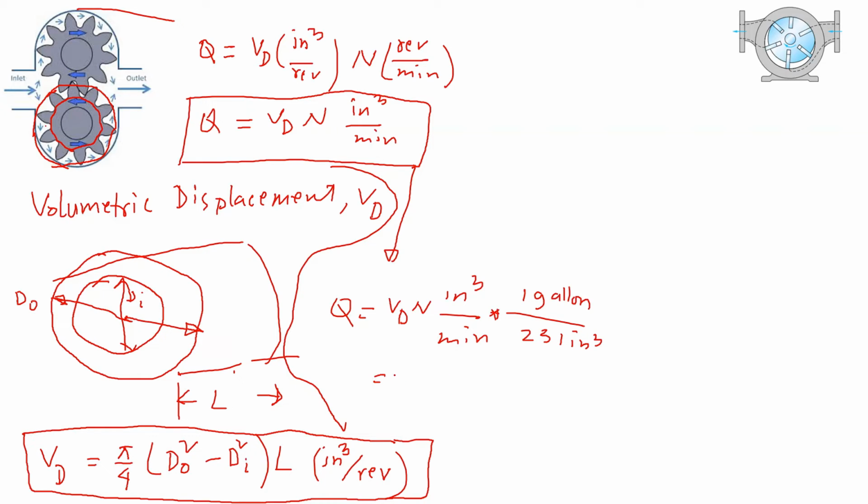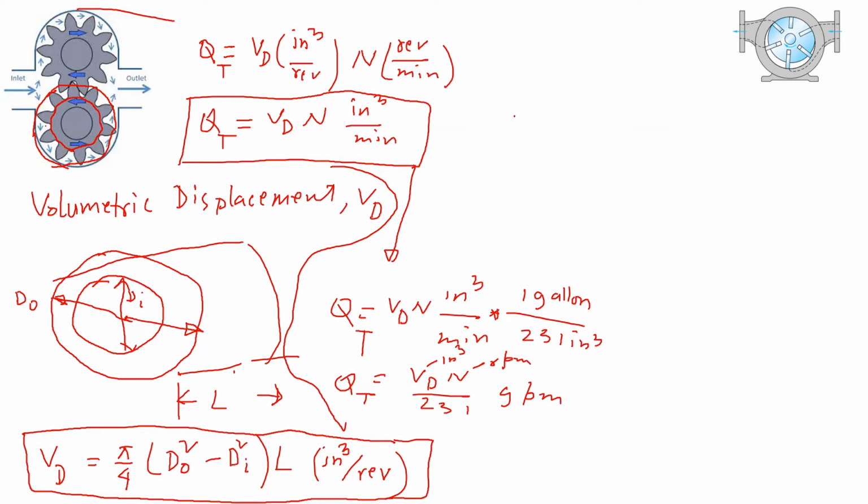So basically this will be VD times N divided by 231 gallons per minute. This is the theoretical flow rate, because we calculated it using the gear profile, when VD is in inch cube per rev and N is in RPM.